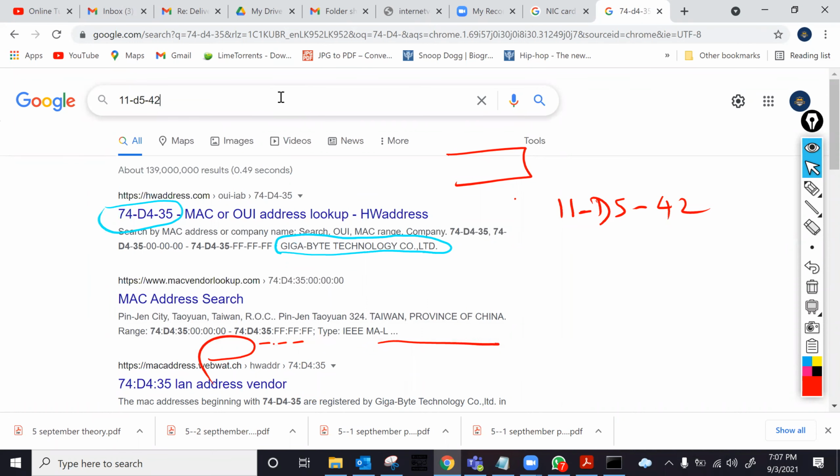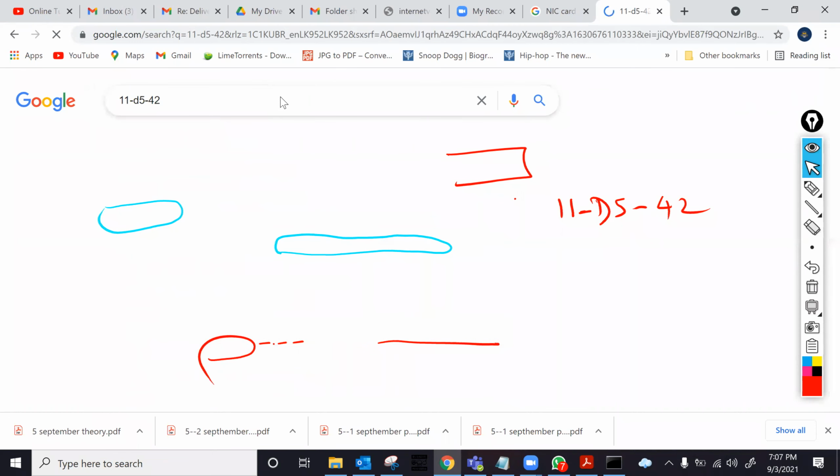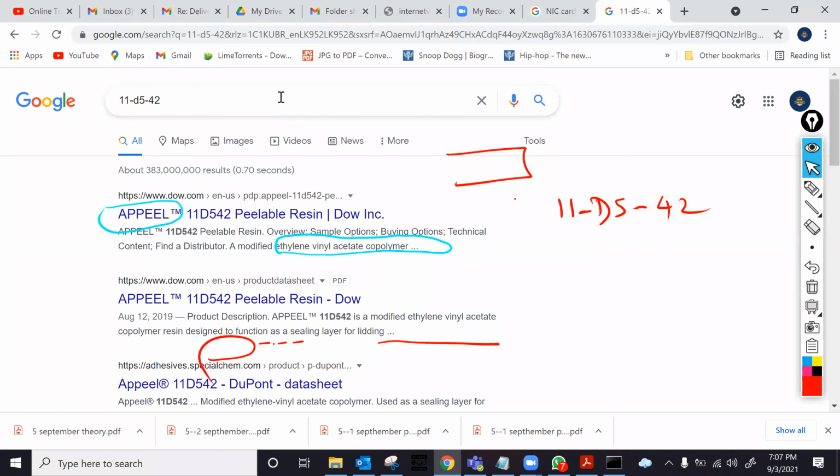So here, you will not get the manufacturer for this one. Why is that? You have to understand this. Because this is a serial number.